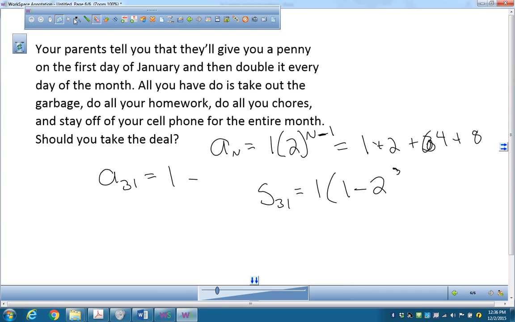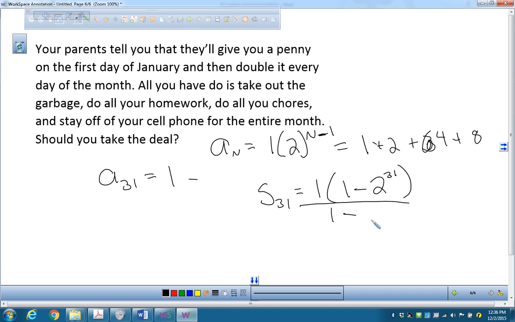Okay? So in the formula, this number is 31. That whole thing over 1 minus r, which is 2. So what's 1 minus 2? Negative 1. So I'm going to rewrite this as negative 1 times, because negative 1 could be on the bottom or the top, it doesn't matter, times 1 minus 2 to the 31st power.